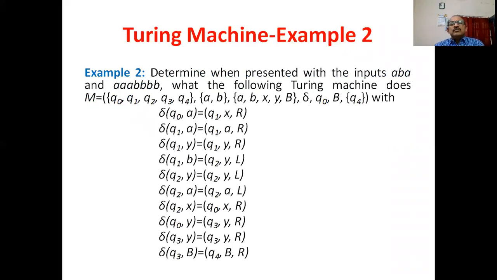Let us see how a Turing machine will work when we input a string into the machine. We are going to understand the working of a Turing machine, so let us understand with an example.